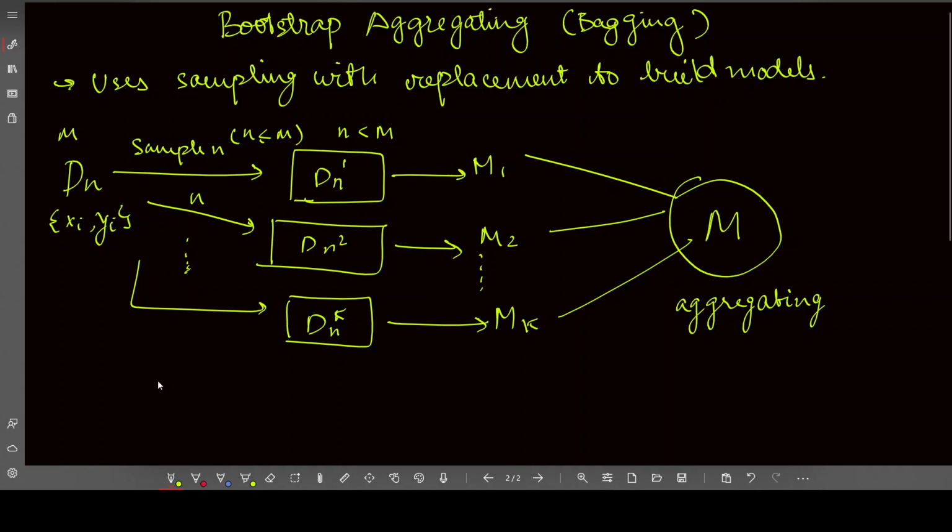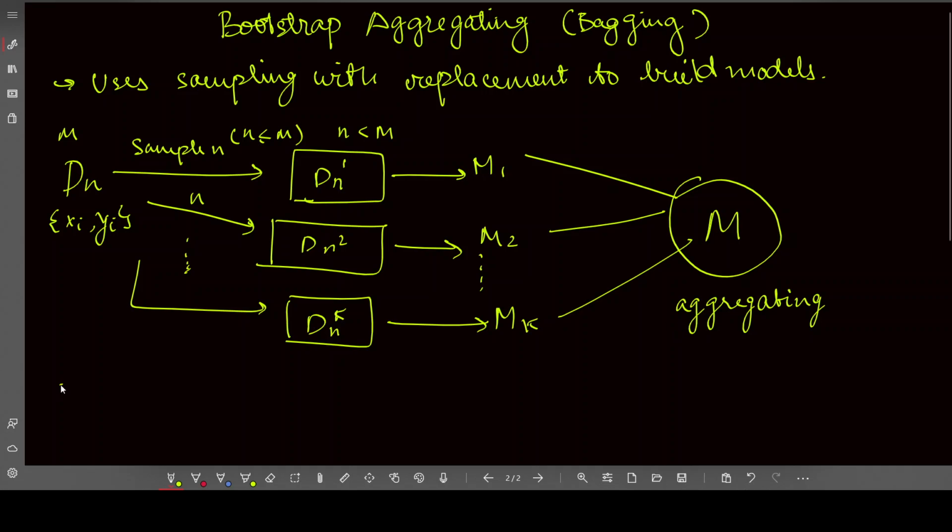It's important to understand that each model, M1, M2, all the way to MK, has seen a different subset of data. Then you combine all the models into a final model M. This combining of all the models into a final model M is called aggregating.